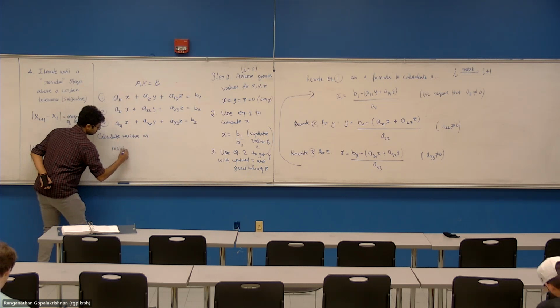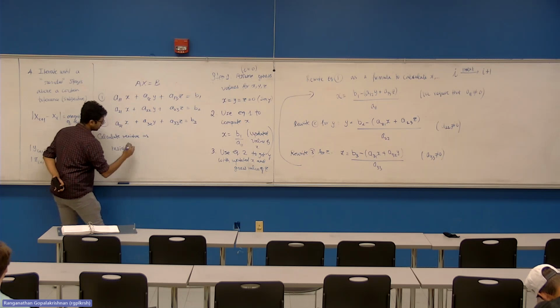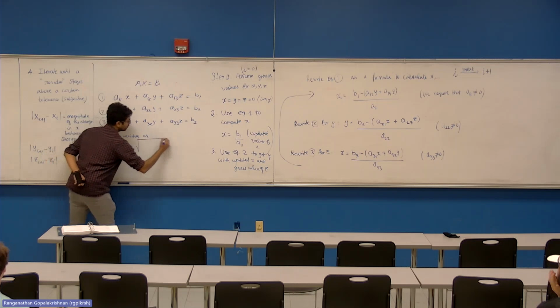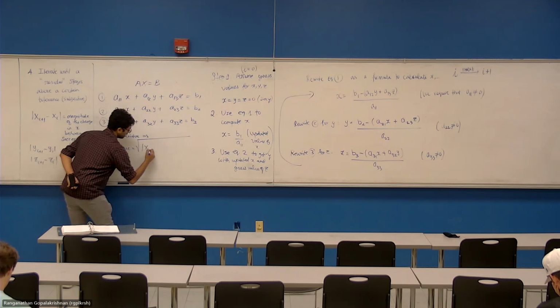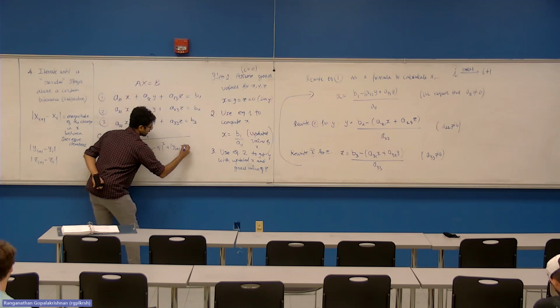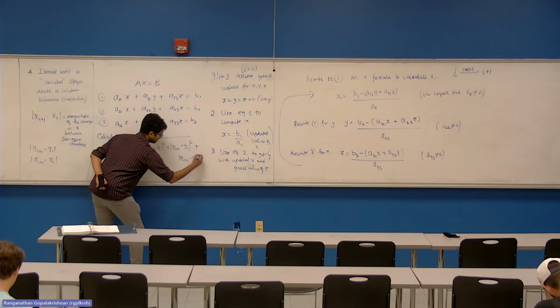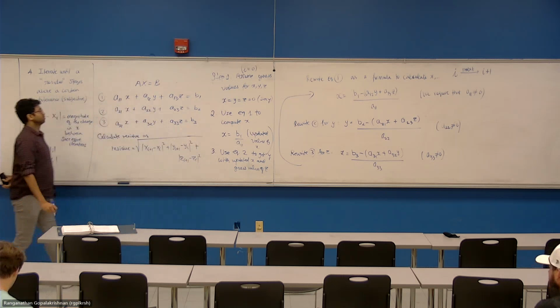Residue after the ith iteration is the square root of (x_{i+1} - x_i) plus (y_{i+1} - y_i) plus (z_{i+1} - z_i), squared.